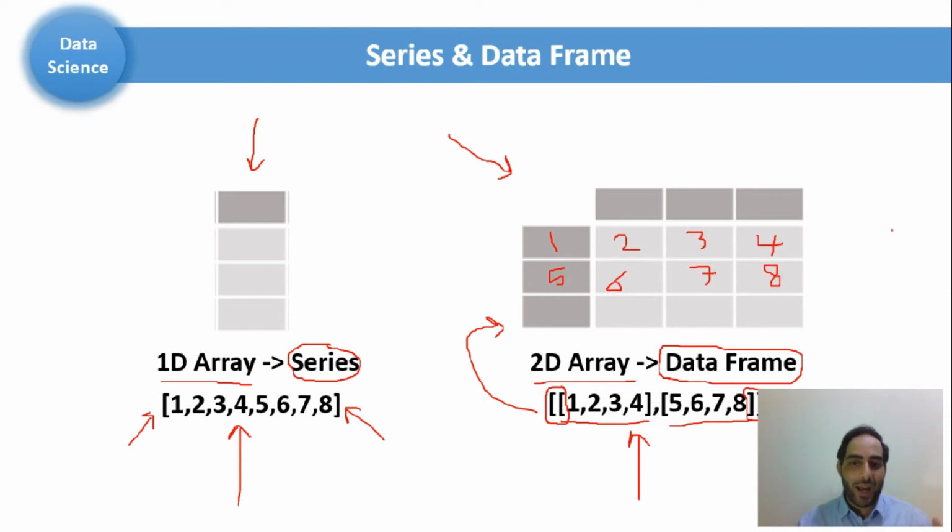So this is actually the format to represent tables in Python using Pandas. Pandas will convert whatever tables we are going to load into this format, which we call a 2D array, or in Pandas terms, a data frame.